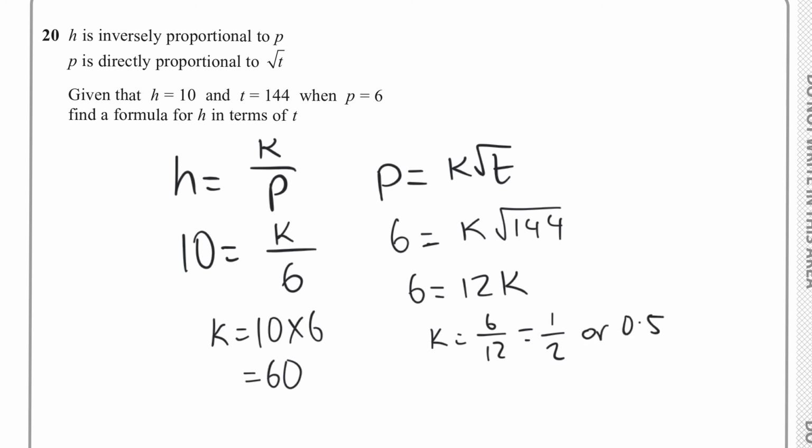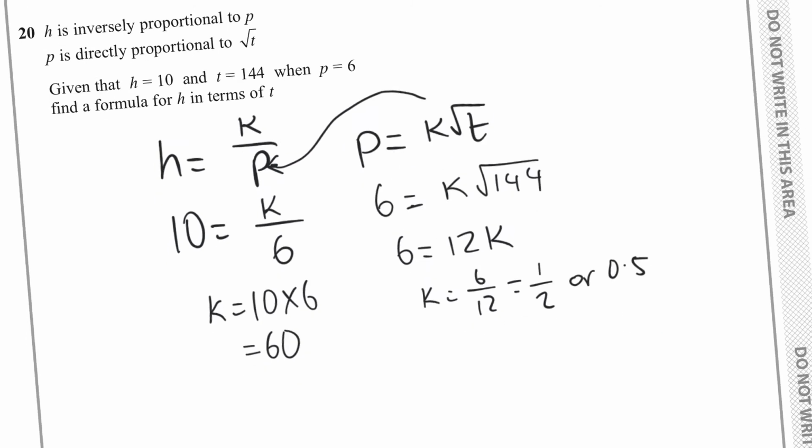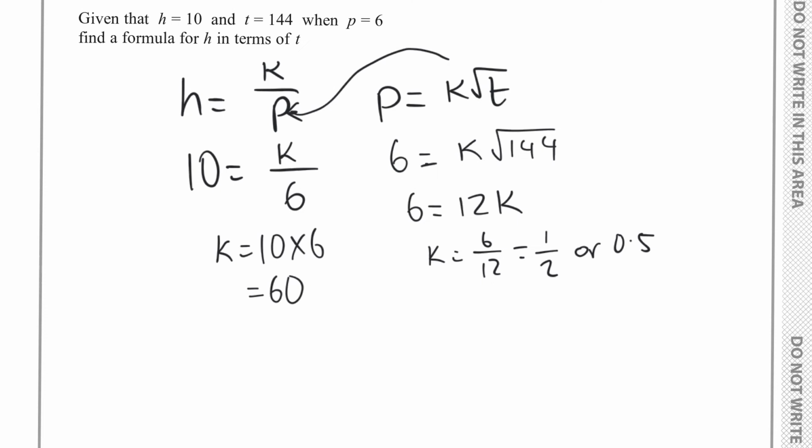To now work out the formula of h in terms of t, what we need to do is substitute our p here for whatever is equivalent to t, because then we're involving h and t in an equation together. So that's going to leave us with h is equal to k over root t. We worked out what the first k was, which is 60.